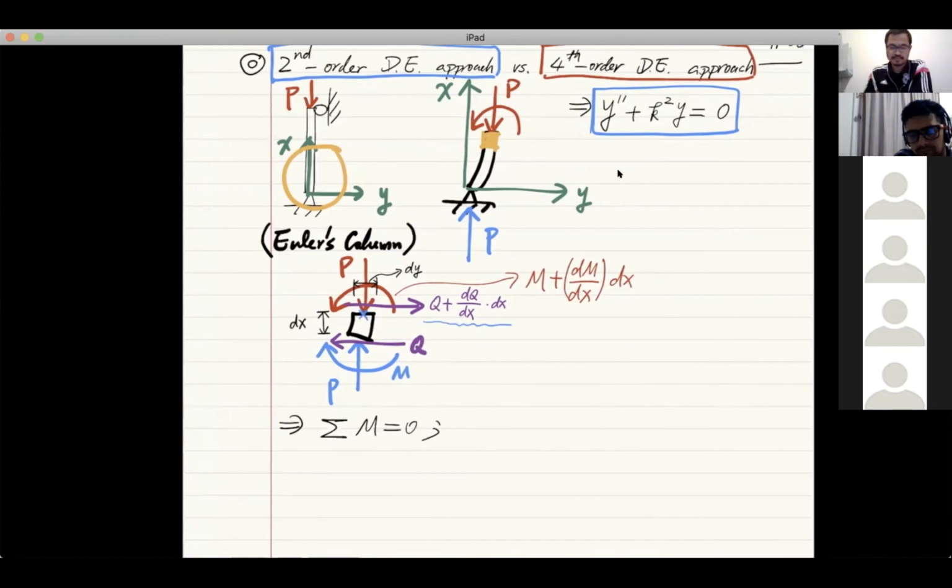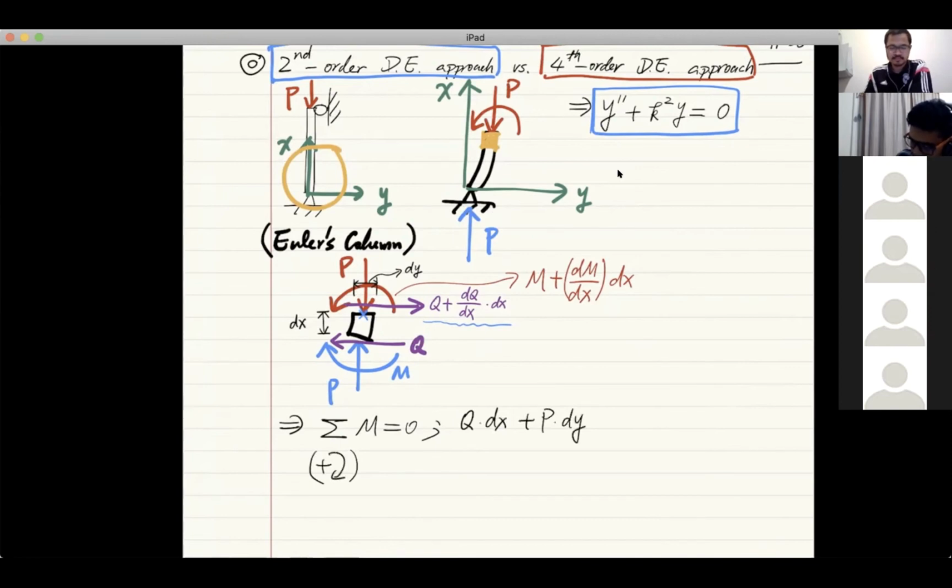First, we have to consider the moment q, where we're going to use clockwise direction as positive direction. Then the first term is this force q times dx. So that's q times dx. That's positive moment, right? And there's also the force p times dy. So what's dy? dy is because it has been bended.